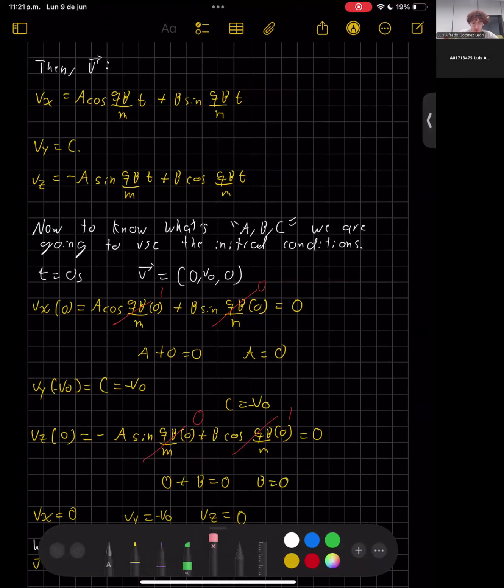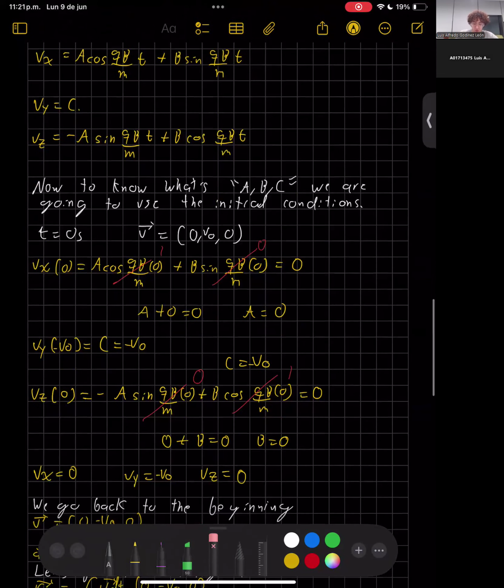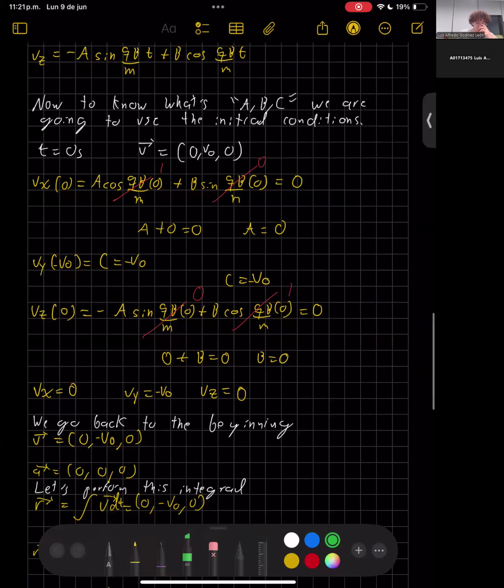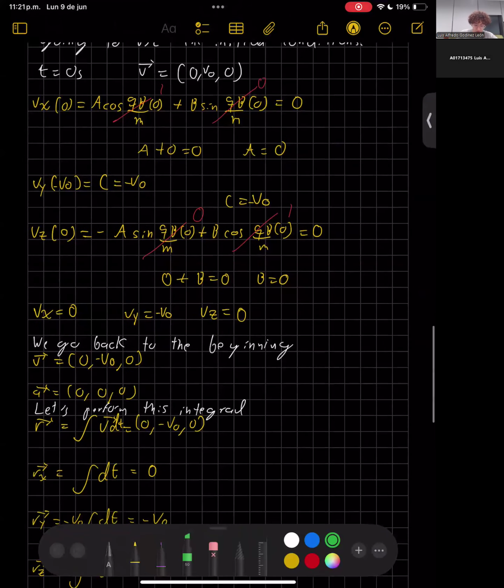So now, to know what A, B, and C are, we're going to use the initial conditions that we apply to each one of the components of the velocity, whether in X, Y, or Z, with their respective initial condition: the X initial condition, Y initial condition, or Z initial condition.